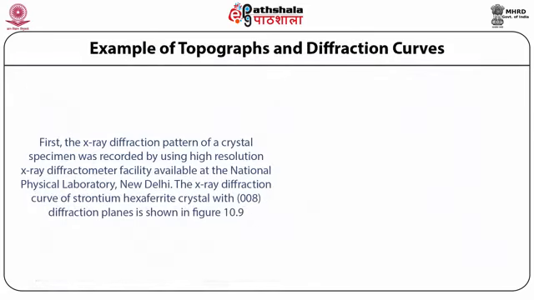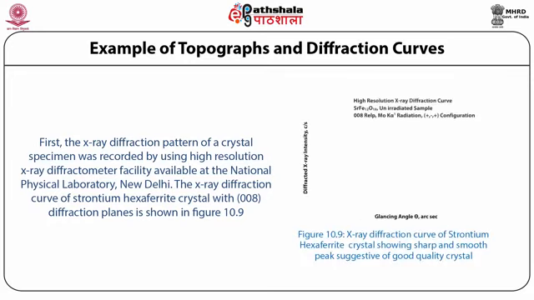First, the X-ray diffraction pattern of a crystal specimen was recorded by using high-resolution X-ray diffractometer facility available at the National Physical Laboratory, New Delhi. The X-ray diffraction curve of strontium hexaferrite crystal with 008 diffraction planes is shown in figure 10.9.